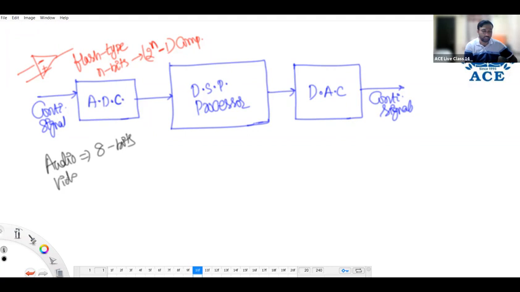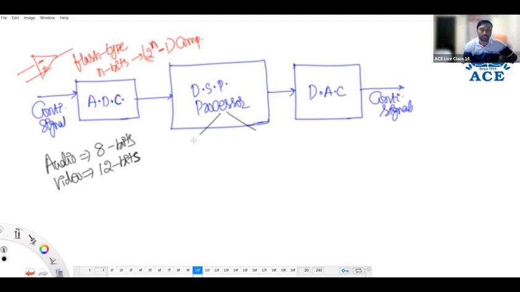Video transmission means minimum 12 bits. As the number of bits increases, the number of comparators also increases. Indirectly, the cost of that A to D converter increases. This problem was there in the initial days. Nowadays, we are using nanotechnology. It is not a big deal.